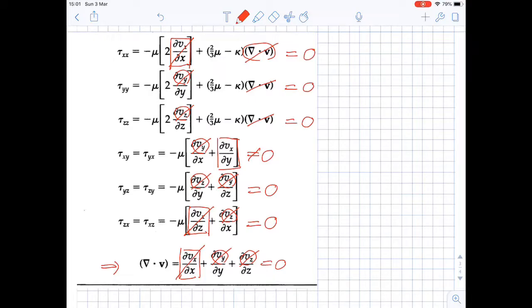Alright? If you notice, we have two terms. One is related to y momentum, and this term is related to x momentum. Although this term is not 0, we don't have to worry about it at all in our problem, because right now we only have x momentum.